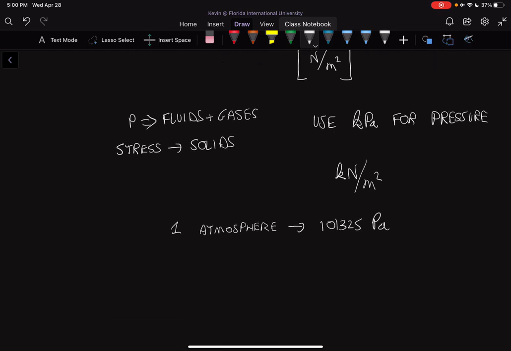And 1 bar is equivalent to 100,000 pascals, which is equal to 100 kilopascals. So you could be faced with all these units, but we're usually going to try and keep it to pascals or kilopascals.